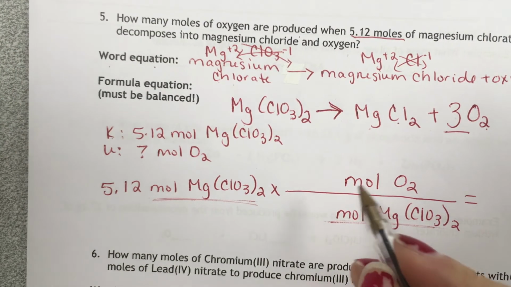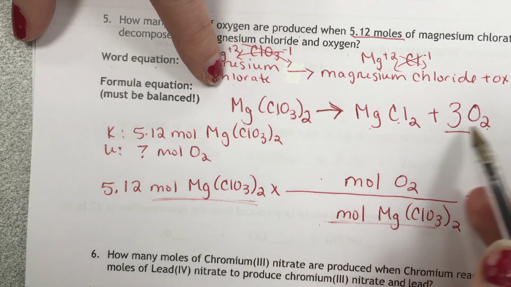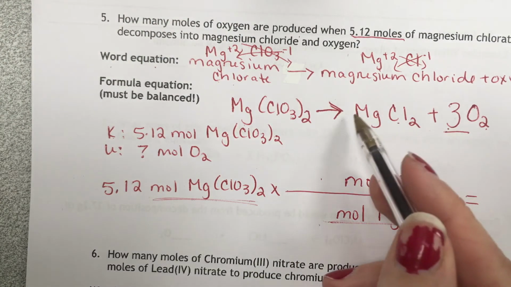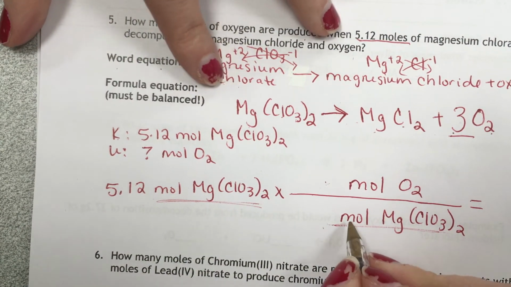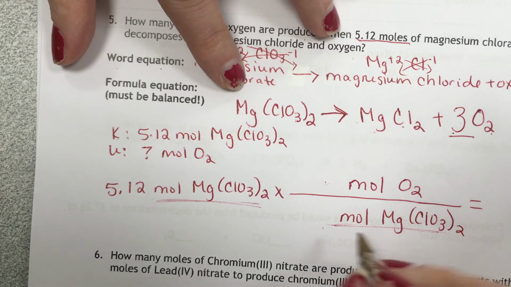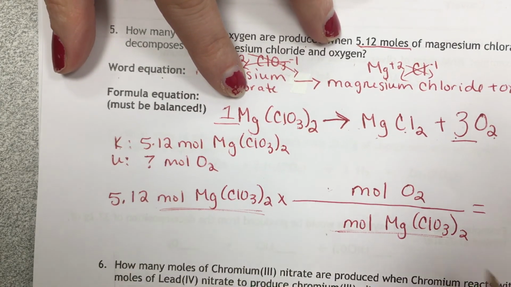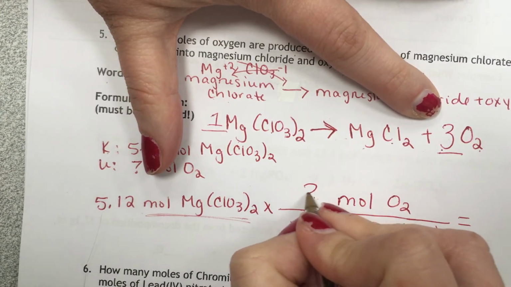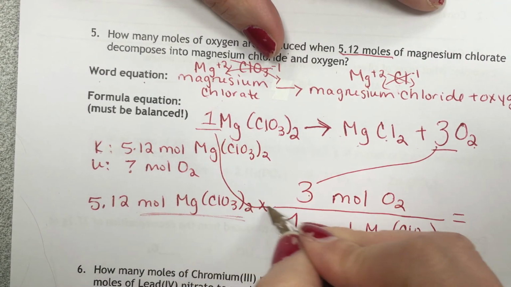Now we're going to pull our numbers from the reaction. Instead of just doing 1 and some kind of constant, we're actually getting this ratio. We need a ratio. So we have moles of Mg(ClO3)2, that's actually 1. And then oxygen, we have 3. And we got the numbers here and here.